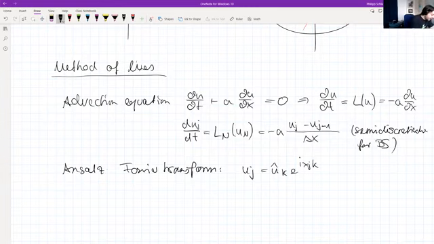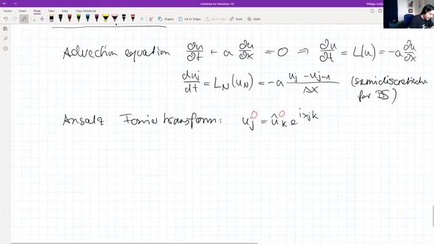The only thing that you may recognize is that I'm not writing an n here. The reason is that I'm still at the level of the semi-discretization, so I'm not actually doing a temporal discretization. So consider it to be continuous in time.